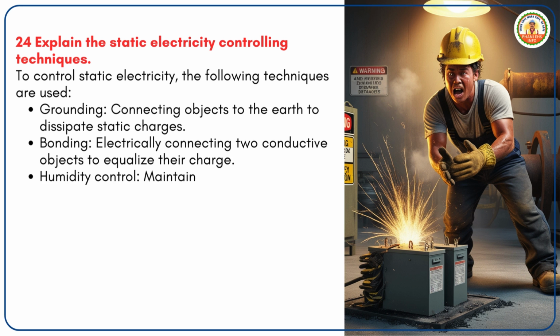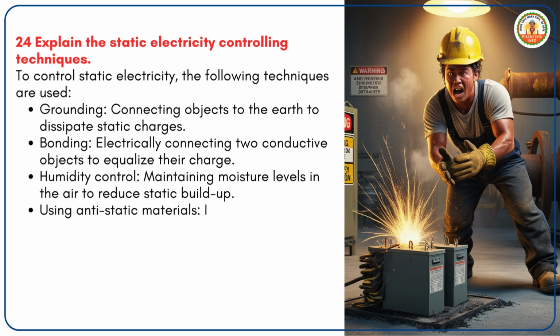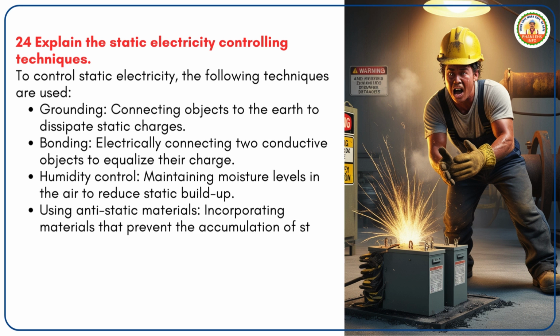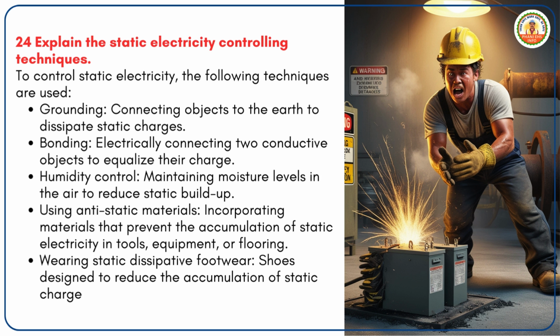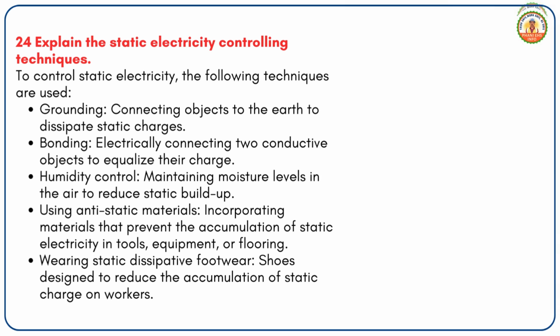Humidity control, maintaining moisture levels in the air to reduce static buildup. Using anti-static materials, incorporating materials that prevent the accumulation of static electricity in tools, equipment, or flooring. Wearing static dissipative footwear, shoes designed to reduce the accumulation of static charge on workers.